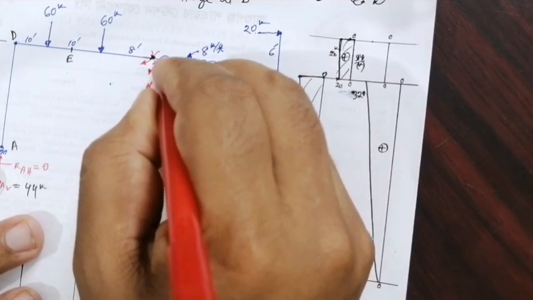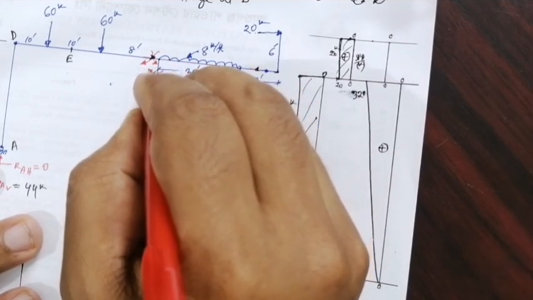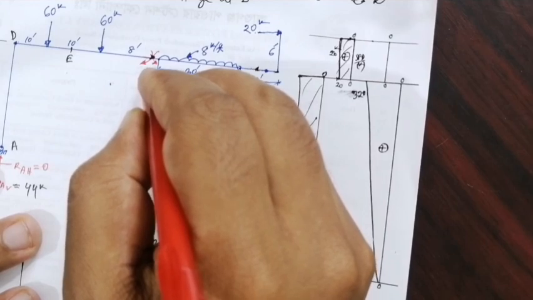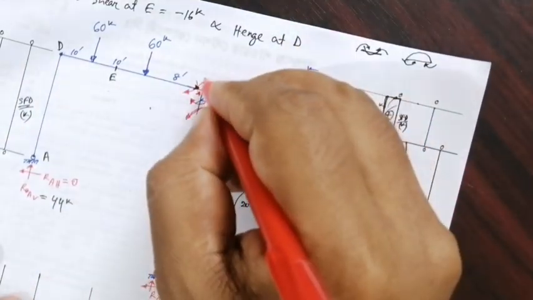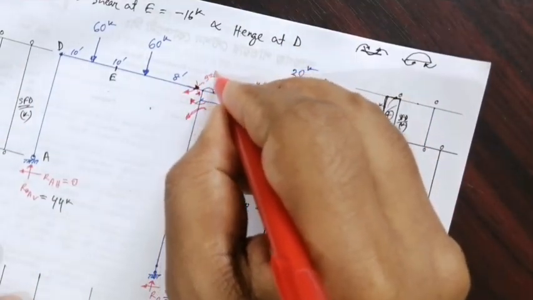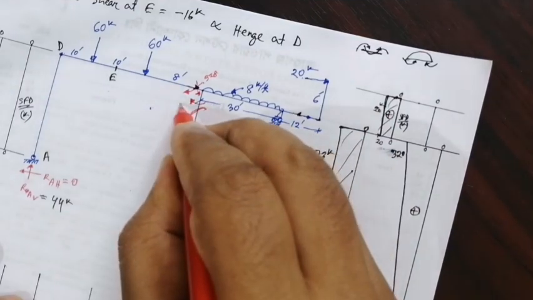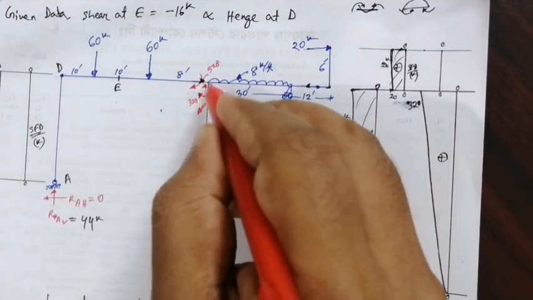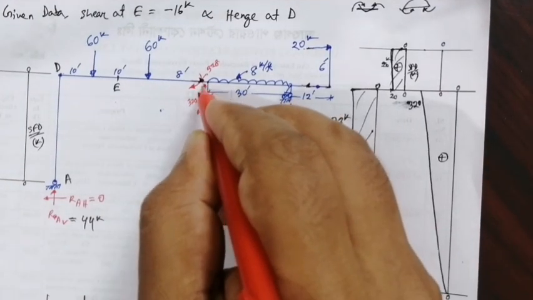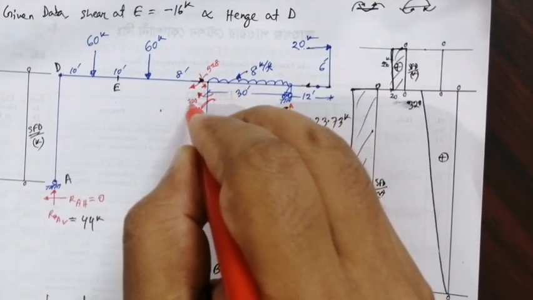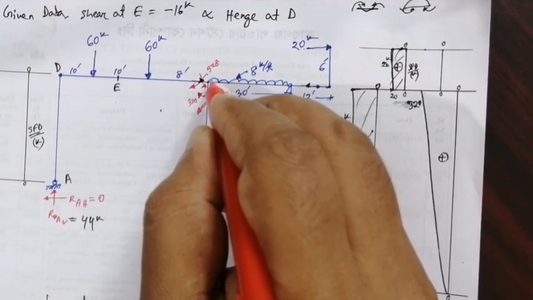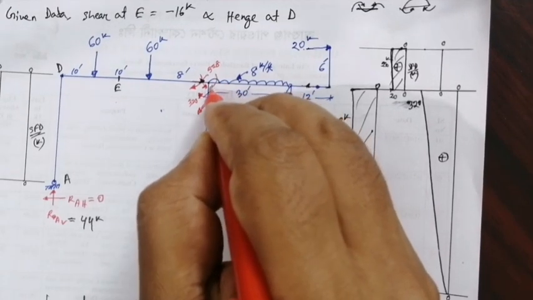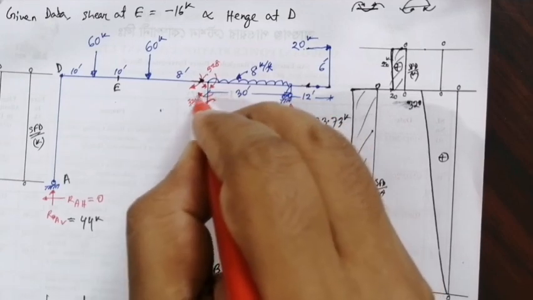So this is balanced by the opposite direction of moment. For this point, this moment and this moment are actually opposite: this moment is 328 and this moment is 320. For balancing, this way 328, this way 320, we require another moment in the same direction.